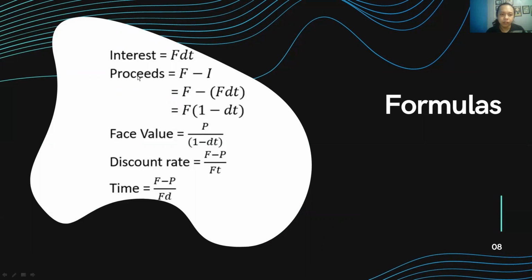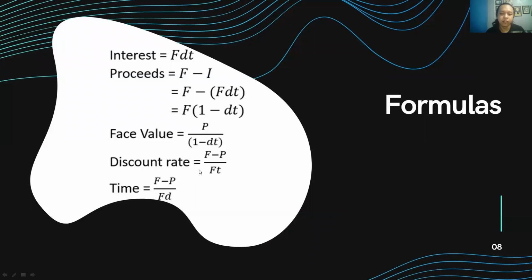For proceeds, we simply multiply the face value by 1 minus discount rate times time. For finding the face value, we simply find the quotient of the proceeds and 1 minus discount rate times time.